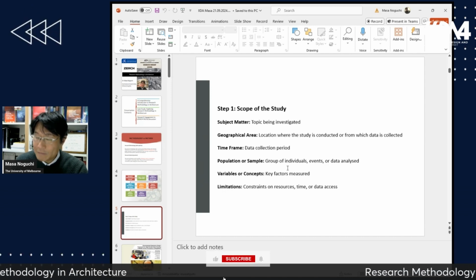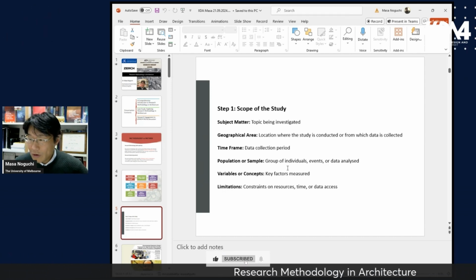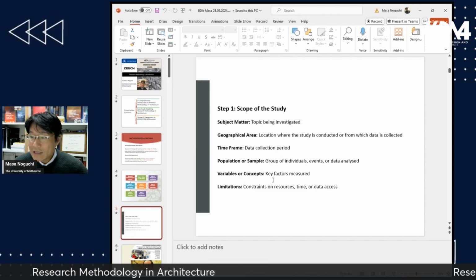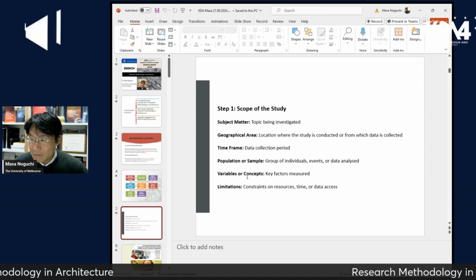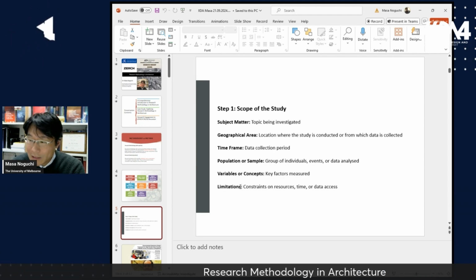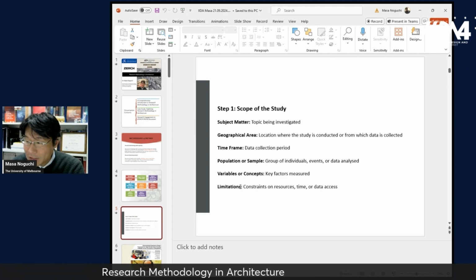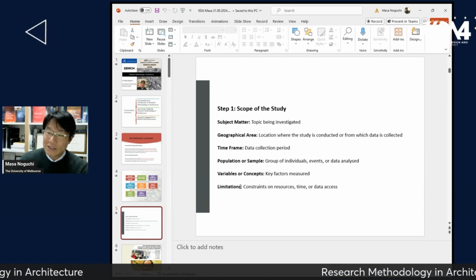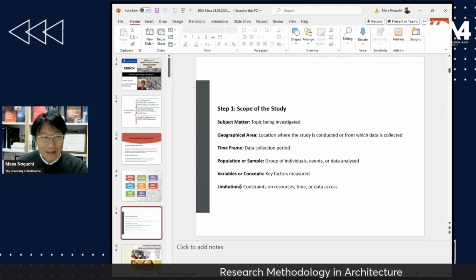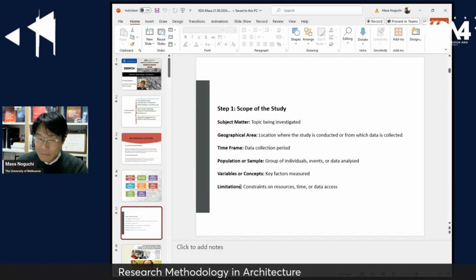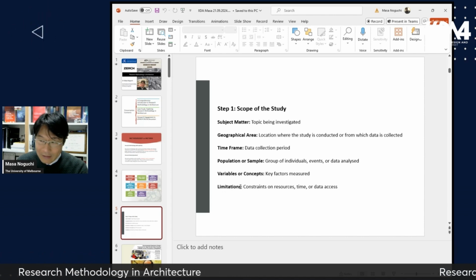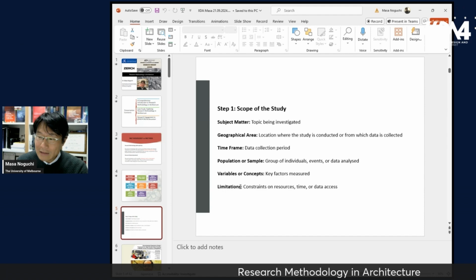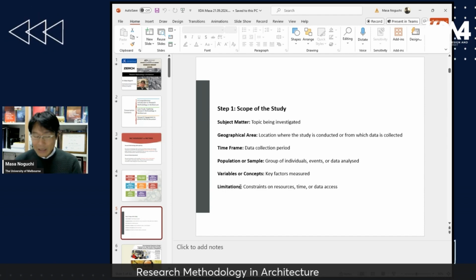So we need to specify the group of samples, and the variable or concept, which are the key factors to be measured and identified. And we always consider limitations and constraints on resources, time, and data. Even if you want to have 10 topics, it is impossible to do 10 topics at the same time. Therefore, there are time constraints, so you have to understand the limitation of the study.